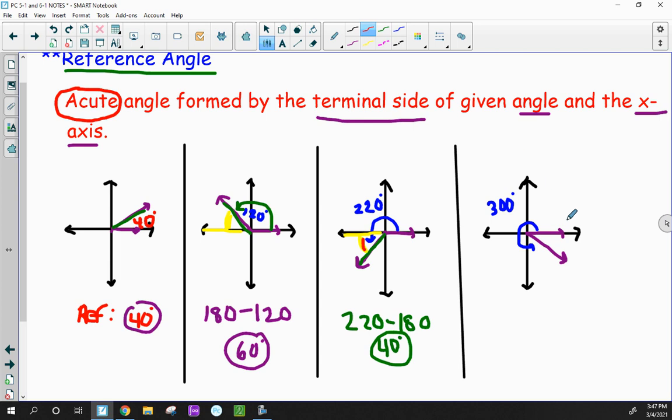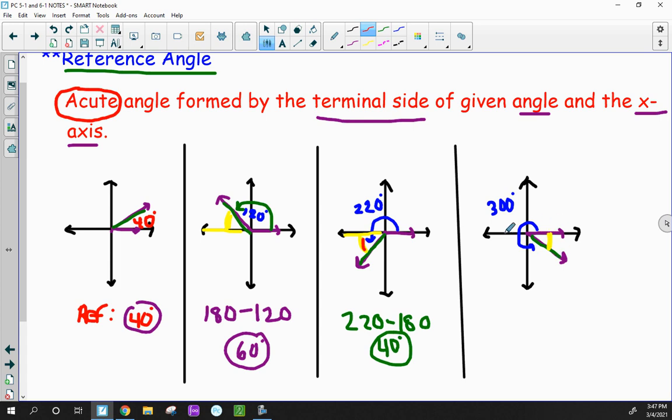Scenario 4. What happens if the terminal side lands in the fourth quadrant, which is modeled here? Notice the angle starts on the x-axis, it goes all the way around. It is a 300-degree angle. We are looking for the reference angle. That's going to be this angle marked in yellow. To get the answer, I have to know that a complete rotation is 360.